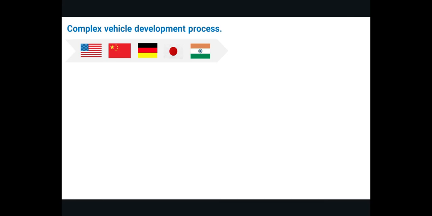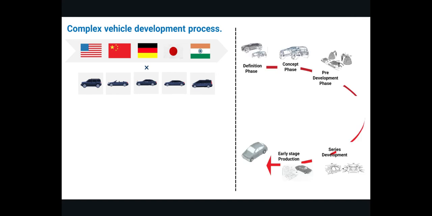They sell vehicles to various countries such as USA, Europe, China, India, and Japan. There are about 20 models worldwide, including SUVs, sedans, and sports cars. Each model will be remodeled in 5 or 6 years.